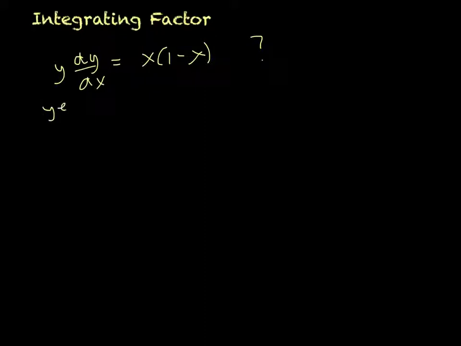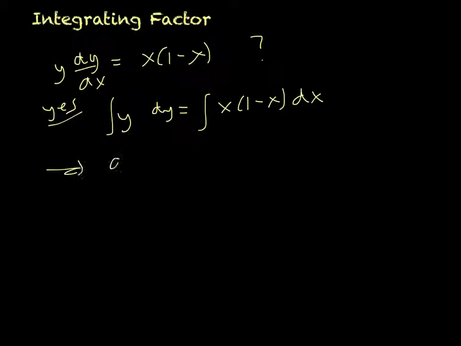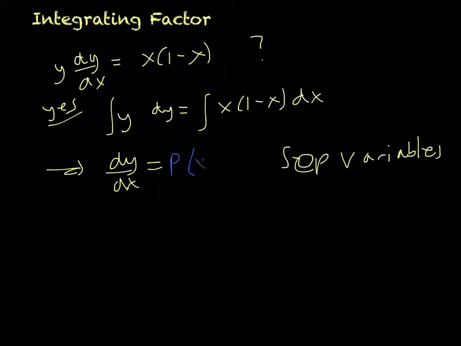Yes, it is, because as you should have predicted, we can use this idea of separation of variables, i.e. we can split this thing. When we can use separation of variables, our general form has to be dy by dx equals a function of x times a function of y.